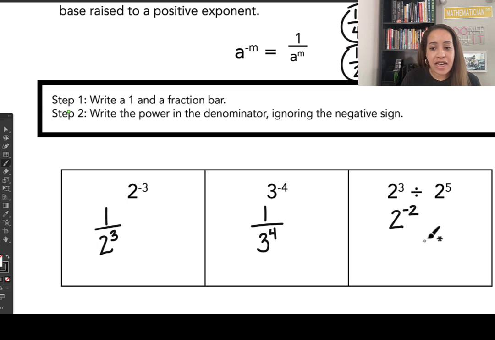To simplify a negative exponent, I need to write a negative reciprocal. So I'm going to put a 1 up top, and then instead of 2 to a negative second power, we change the sign. We make it positive. We can write 2 to the second power, and that will be our final answer for this box.